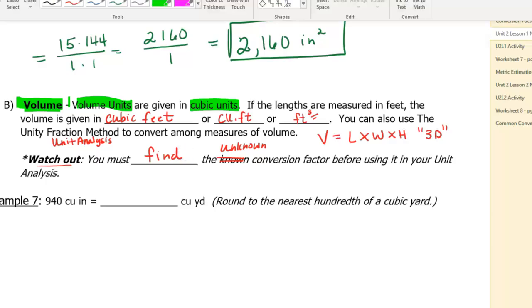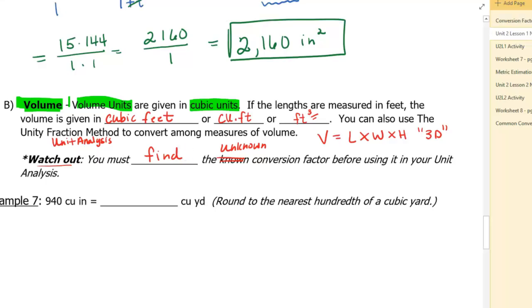All right, so let's look at an example. We have 940 cubic inches. Remember, we can write those units as inches cubed. This time we want cubic yards, which would be yards cubed. So somehow we've got to go from inches cubed to yards cubed.